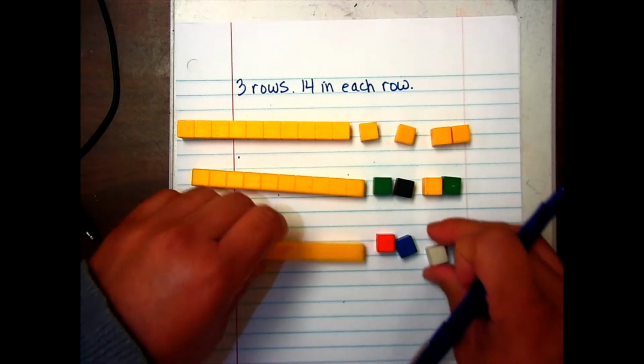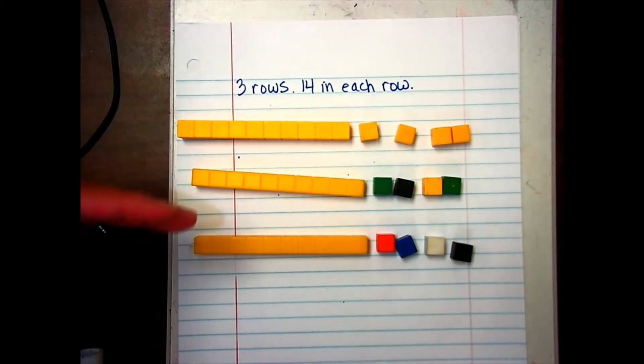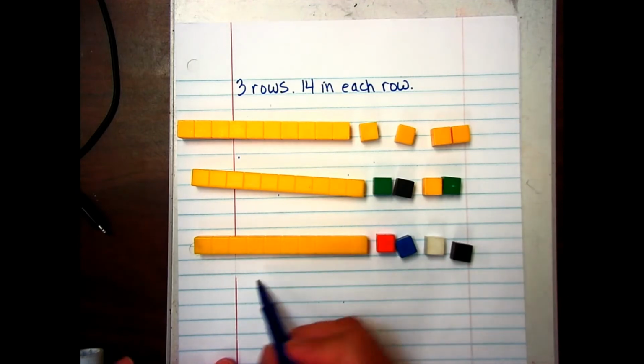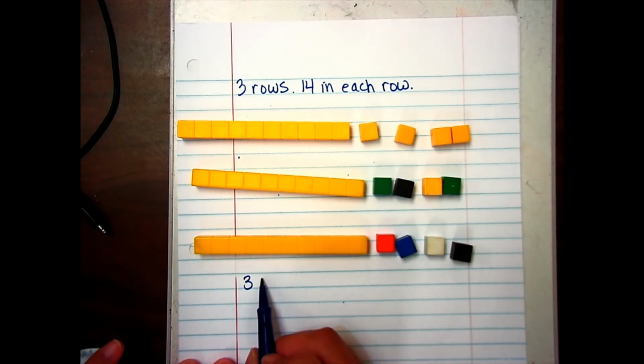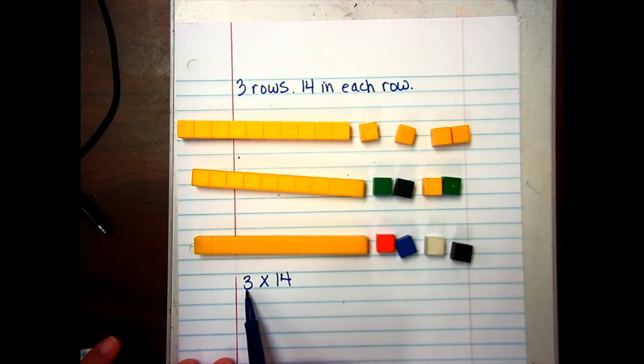All right, so then we have 3 rows, 1, 2, 3, and 14 in each row. So my problem is 3 rows times 14 in each row. So 3 is my factor, 14 is my factor, and we're trying to find our product, okay?